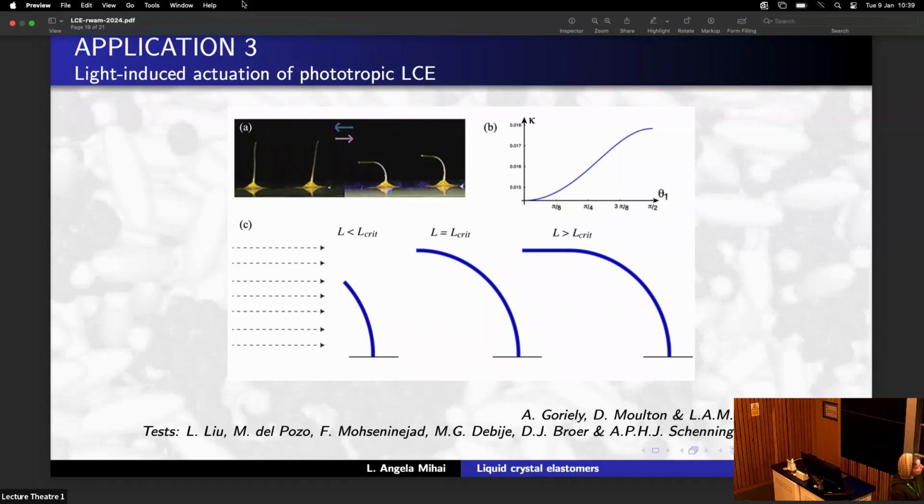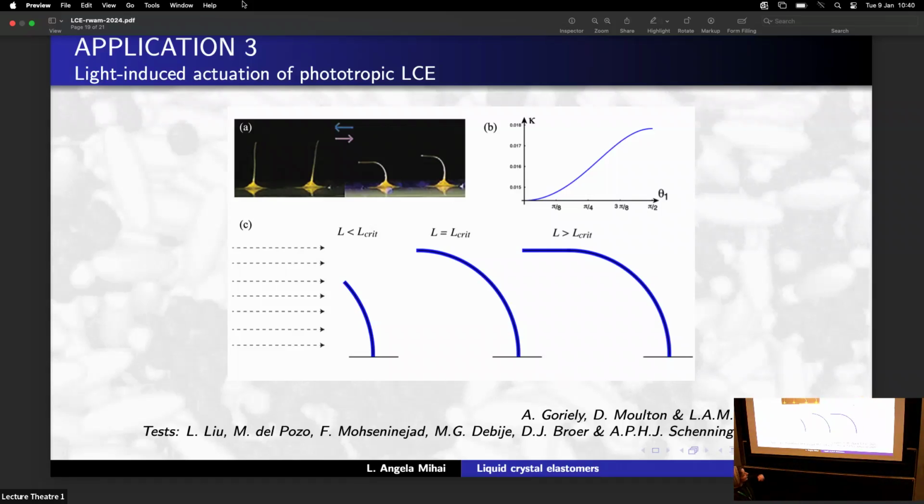And this is one paper where we had a reduced model for rod-like structures. So in this case, if light is shining from the left, there is a bending of this rod-like structure, just as it was observed in the experiments.